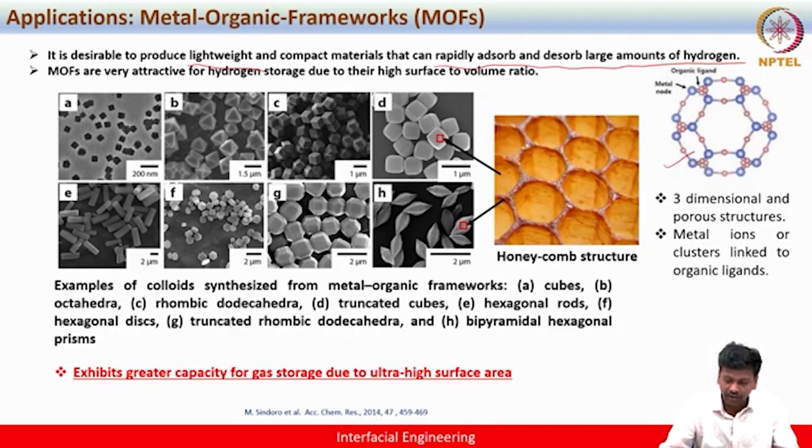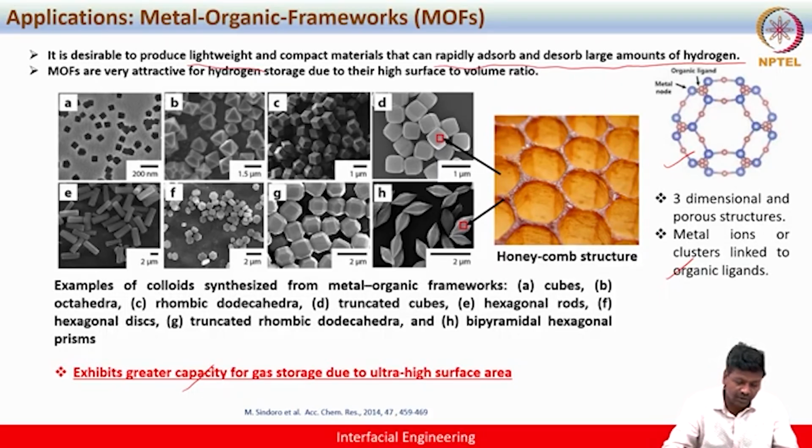These structures are formed by what is known as a metal and organic framework. The metal atoms are linked with the organic ligands, and this structure provides a greater capacity for storage. It offers a high surface to volume ratio. These MOFs can be prepared in different shapes as well.